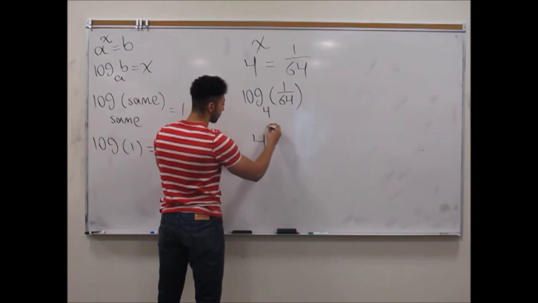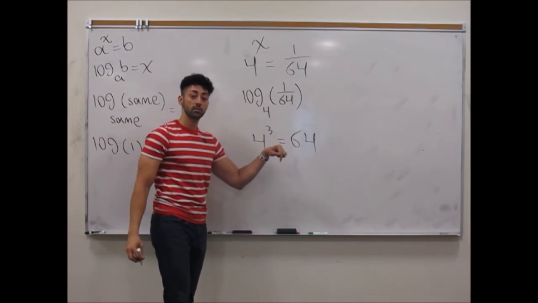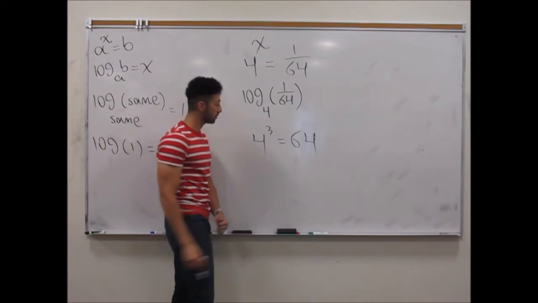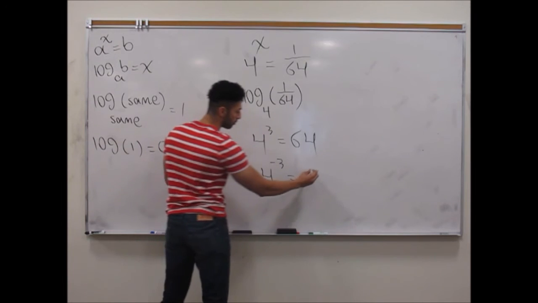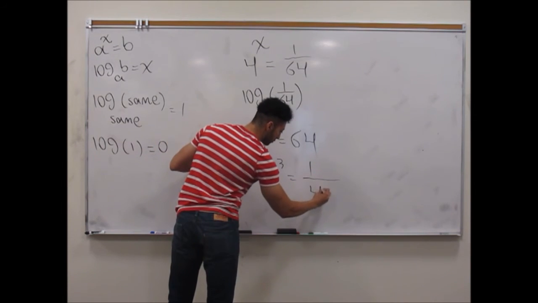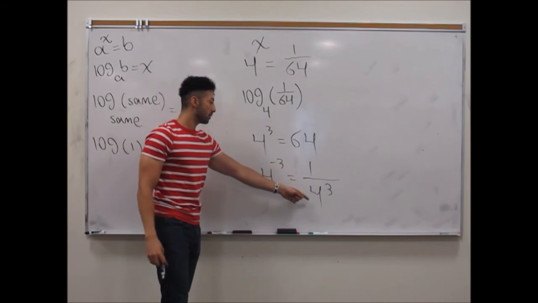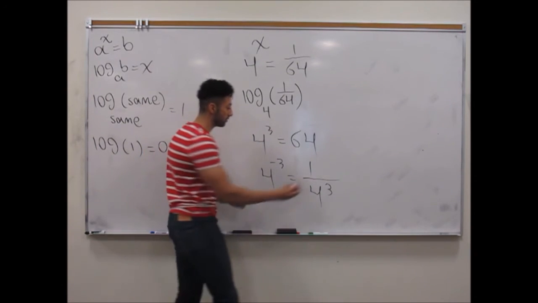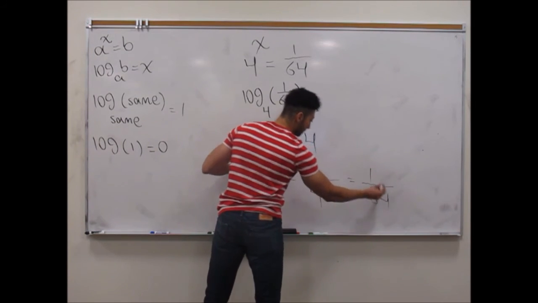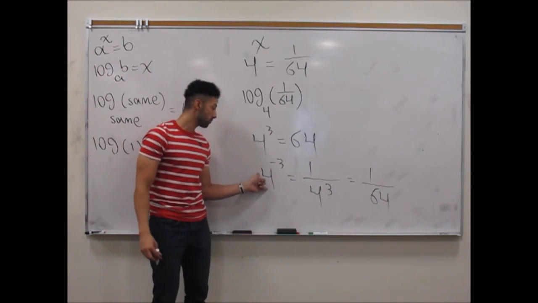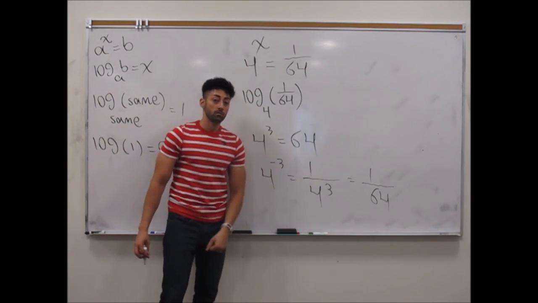We know 4 to the 3rd power is 64, but we want 1/64, so we use the negative exponent laws. If I do 4 to the negative 3rd power, that would be equivalent to 1 over 4 to the positive 3rd power. And we just saw that 4 cubed was 64, so then I get 1/64. So here I saw that when I raised 4 to the negative 3rd power, I got 1/64.